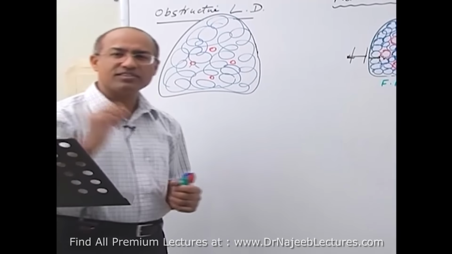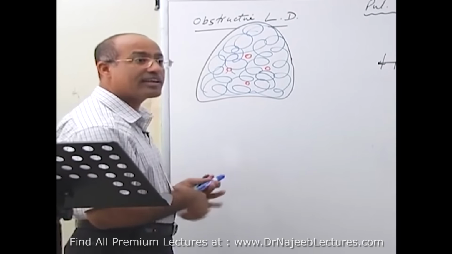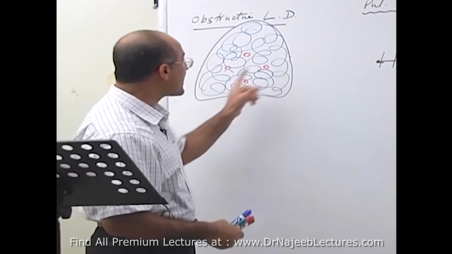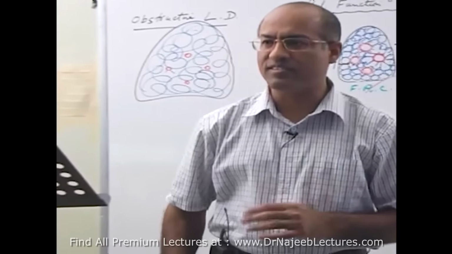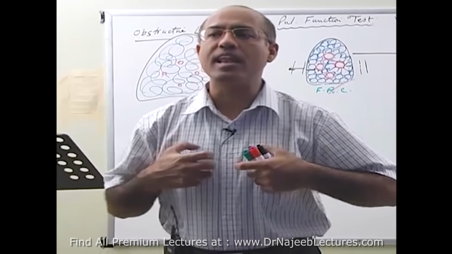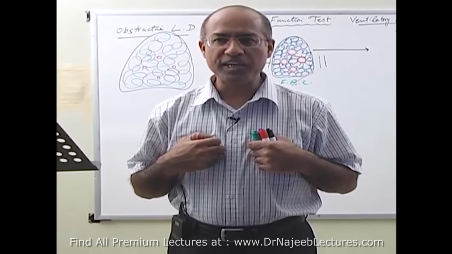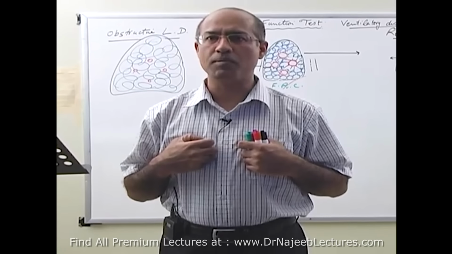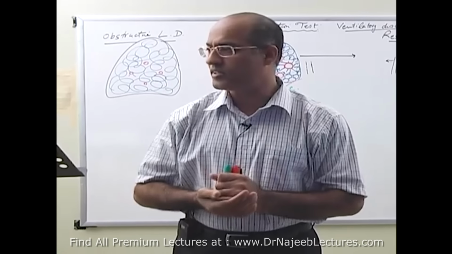In obstructive lung diseases, as I told you, airways are narrow. In all obstructive lung diseases, airways are narrow. When due to a pathological process your airways are narrow, then the patient will have more problem during inspiration or during expiration. Who can answer me?